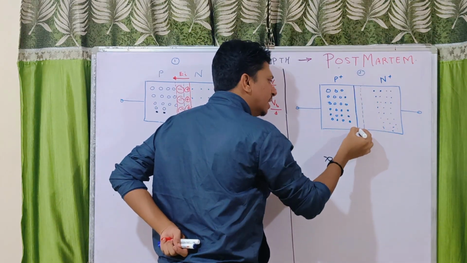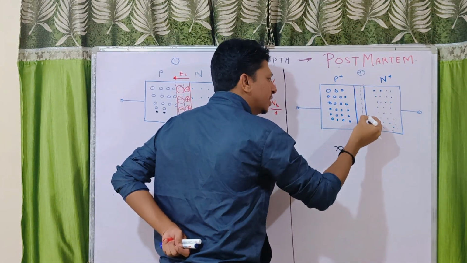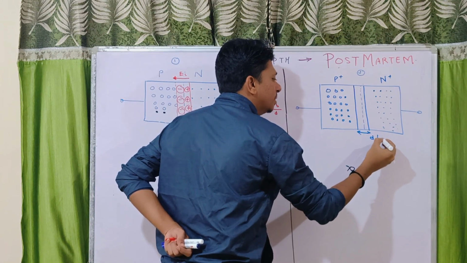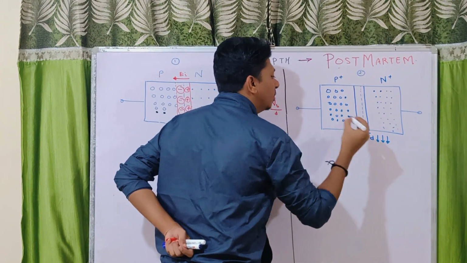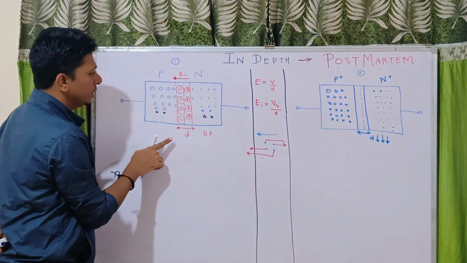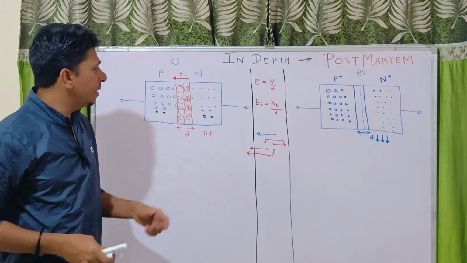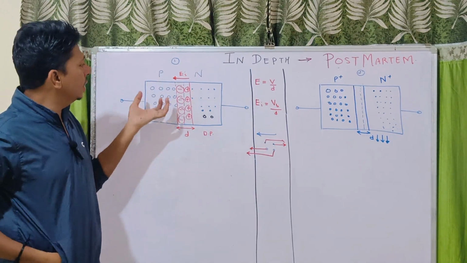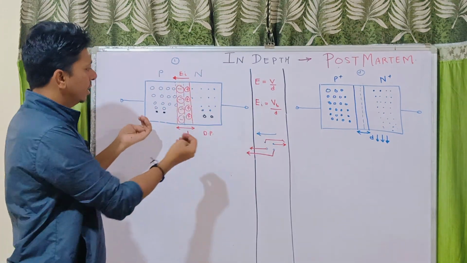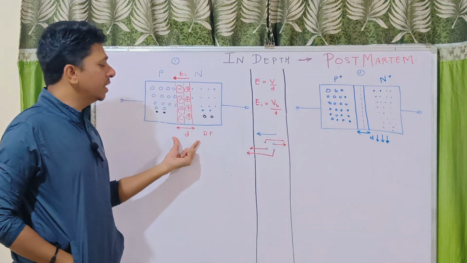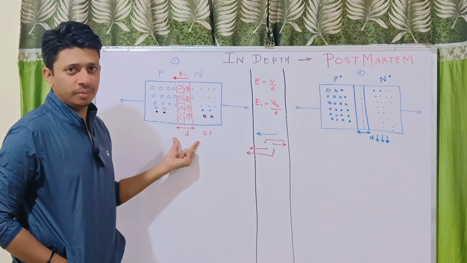The depletion width will get reduced. That means this D will get reduced as compared to this case. So that is why people will often say that when the doping concentration increases at their respective side, there is a possibility of reduction of depletion width.